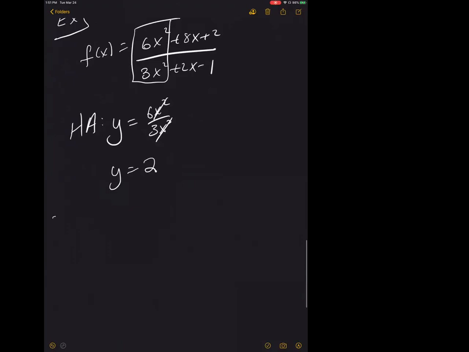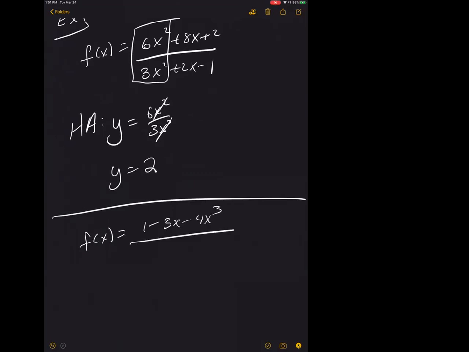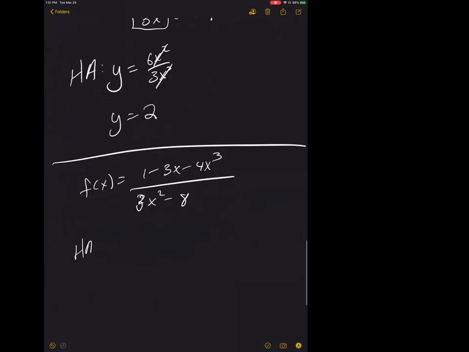Another example, let's say I have f of x equals 1 minus 3x minus 4x cubed divided by 3x cubed minus 8, and I want to find the horizontal asymptote. Again, my HA is simply y equals the highest powered term in the numerator divided by the highest powered term in the denominator.